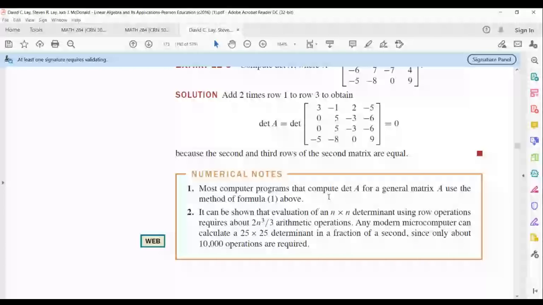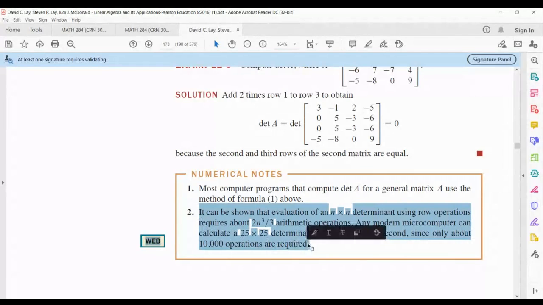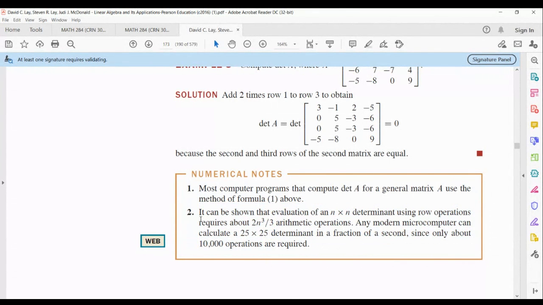So how efficient is doing determinants this way using the properties? By the second rule here, it can be shown that evaluation of an n by n determinant using row operations requires about 2n cubed divided by 3 arithmetic operations.